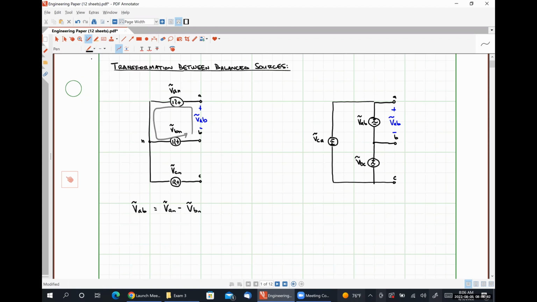Since our sources are balanced, we know that VAN and VBN are related.